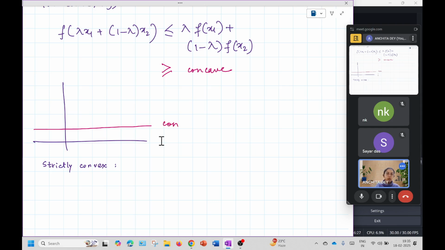You can take any 2 points and the line segment would always be lying above or on the function, but never below. You take any 2 points here and here, join them, and this line segment will never lie below the red line. So this function is also convex, right? What about this one?